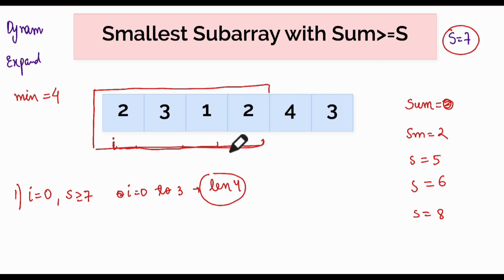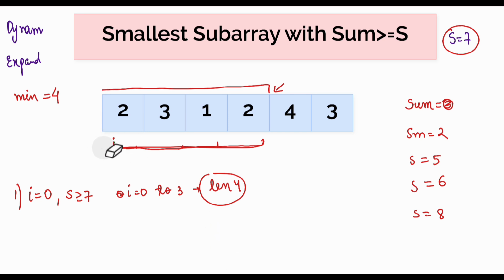Now think, just by keeping the window stuck here, if I increase the length, it will not give me the minimum subarray, right? So I have to contract this subarray. Keeping the endpoint same, I will reduce my window from the left side.